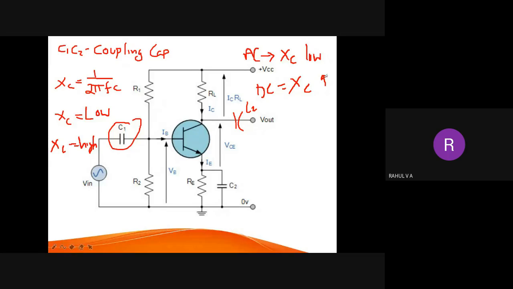One capacitor will allow AC to flow, but it won't allow DC to flow. It will block DC and allow AC. Correct? Did you understand the concept? Capacitor will block DC, allows AC.